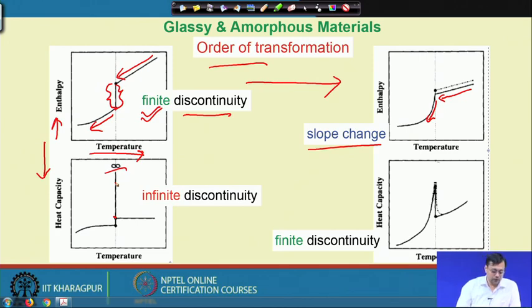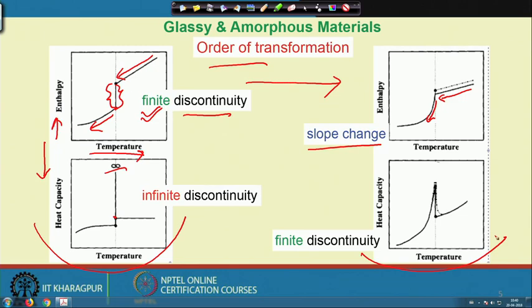So, this particular phase transformation process appears to be different from this one, because here there is a finite change, and here there is a slope change, where there is no net change in the value of the enthalpy at the phase transition temperature.